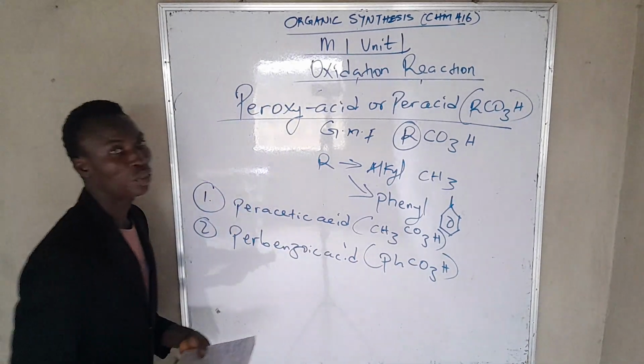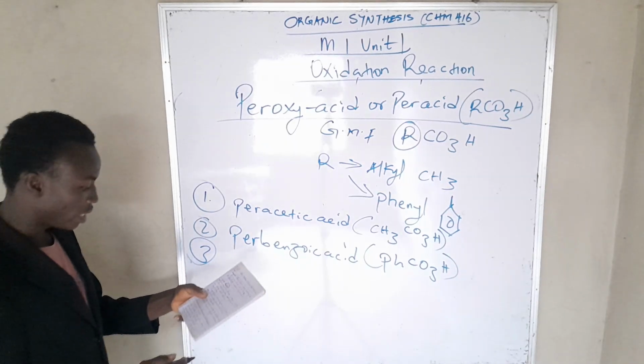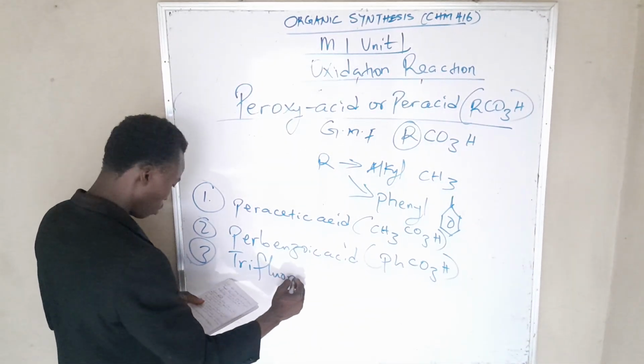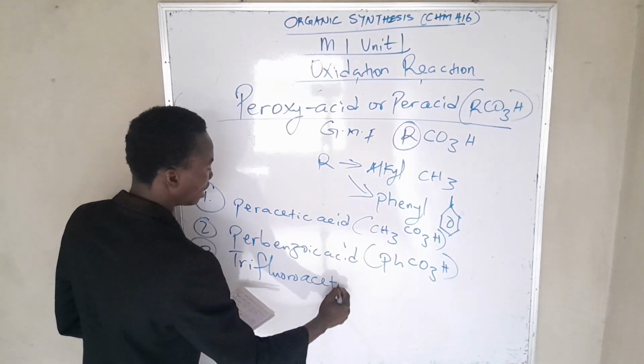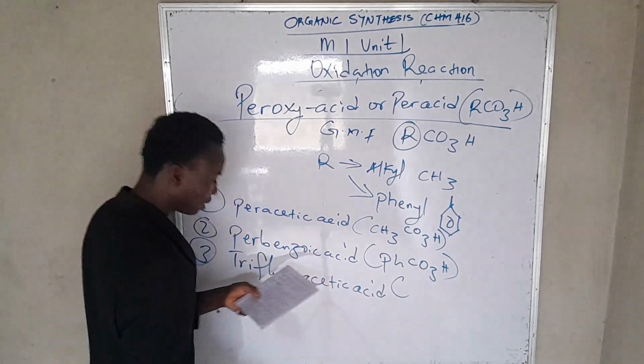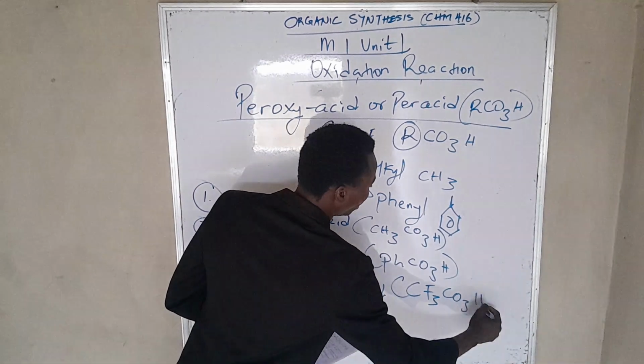Another compound that we have is trifluoroperacetic acid, which is CF3 followed by CO3H.